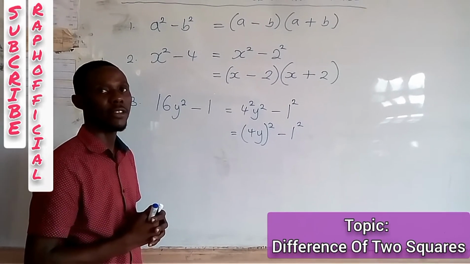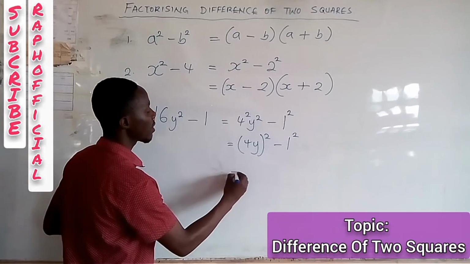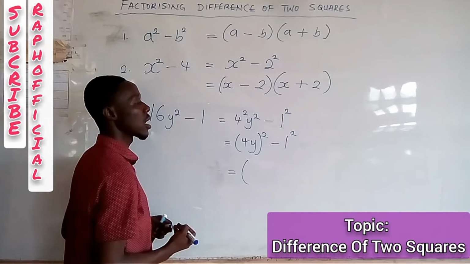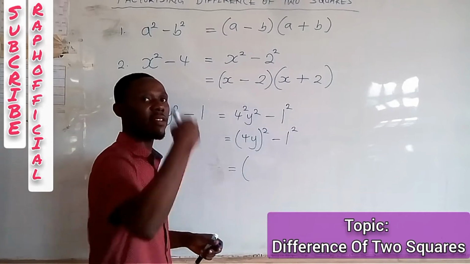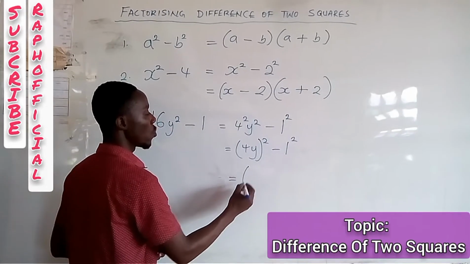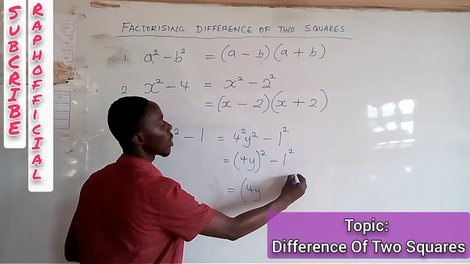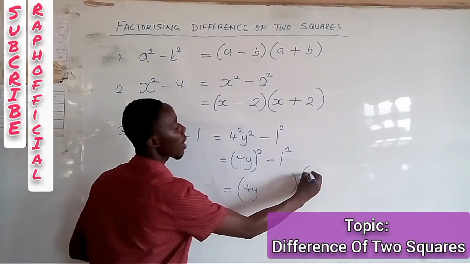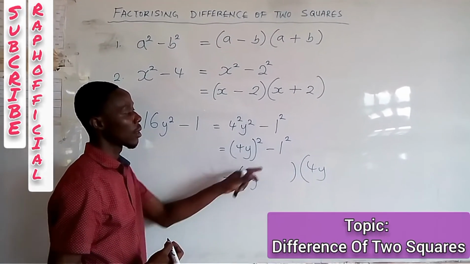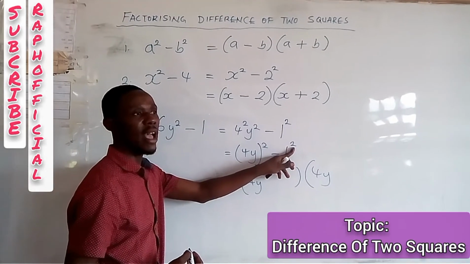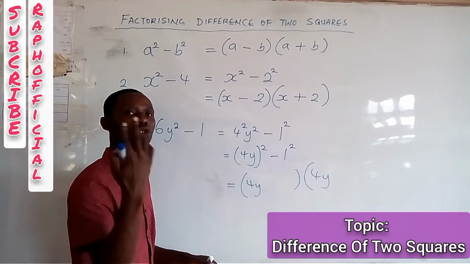Let's now factorize. Factorizing this one means 4y is multiplying itself 2 times. So we have 4y and it will multiply another 4y. 1 squared means that 1 is multiplying itself 2 times.